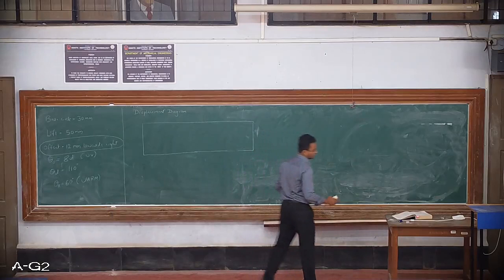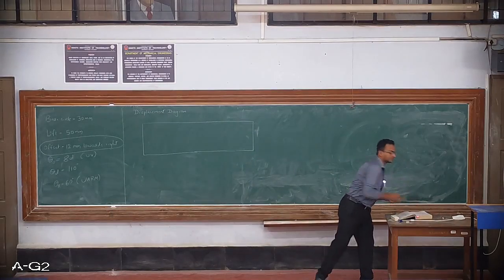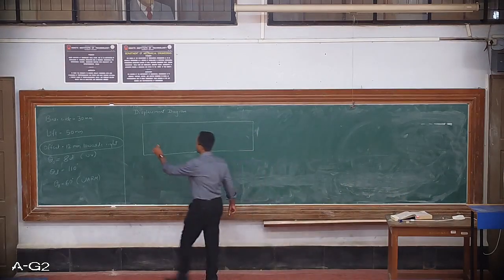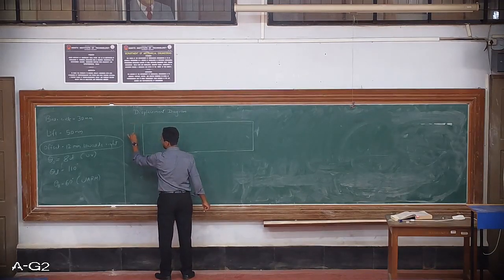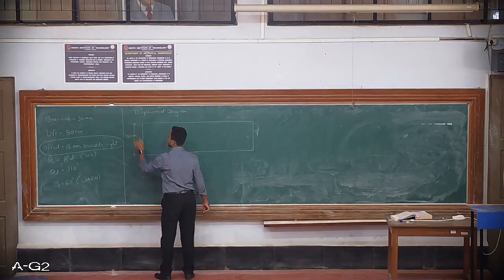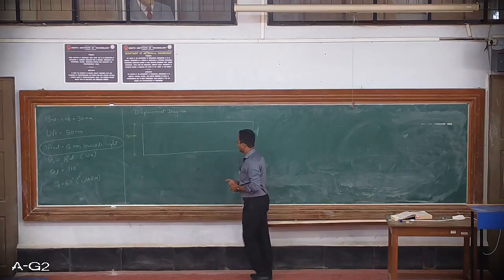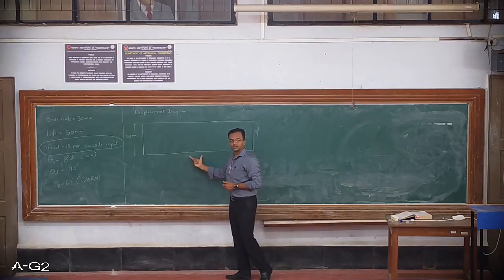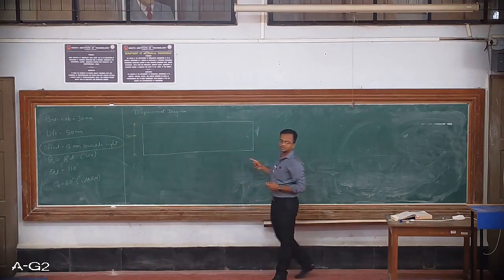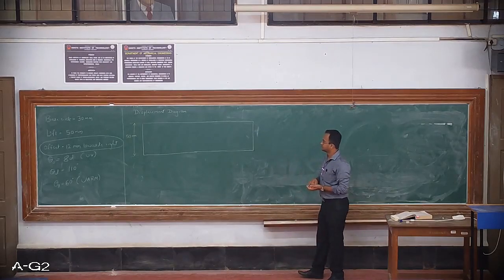So let me show you the dimensions over here. This dimension is 50 mm. Okay. And the width altogether I have taken it as equivalent to 360 degrees. That is, either you can take it as 36 centimeters or you can scale it further down to 18 centimeters.